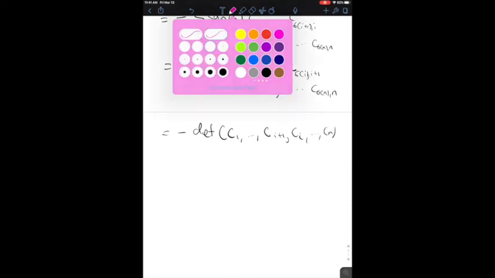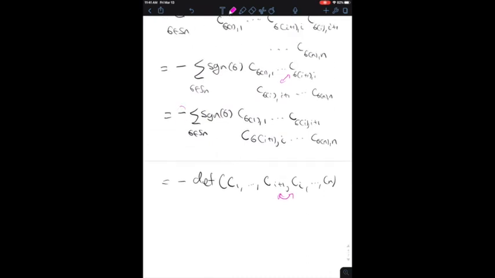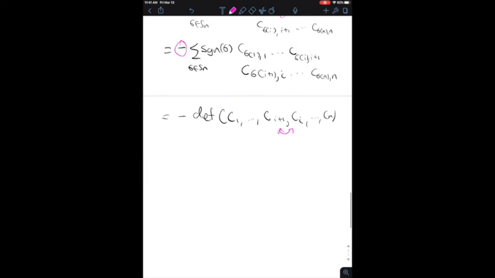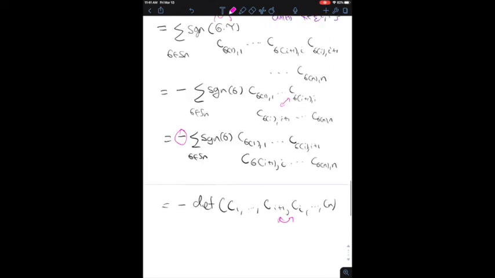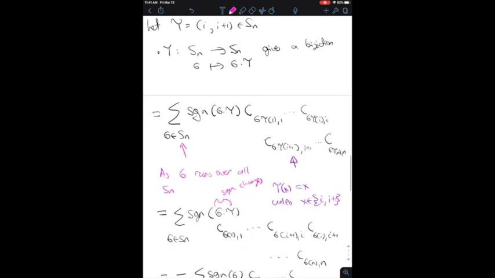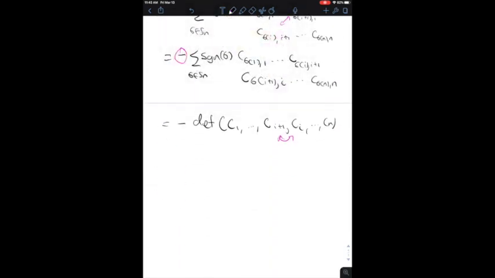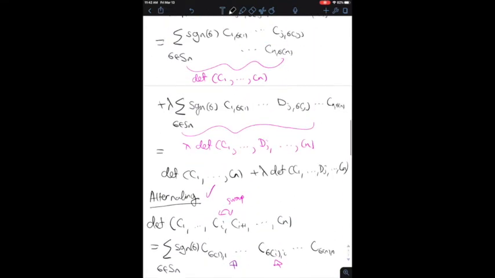So we've swapped these two columns at the expense of this negative sign. And that's what we needed for alternation. Okay, so that's now proven, and as a consequence the theorem is now proven. We've shown that the determinant defines an alternating multilinear map.